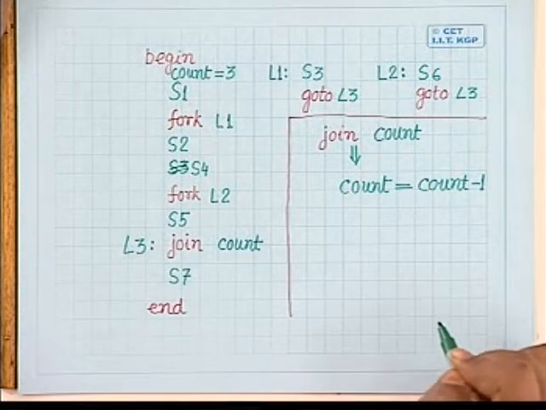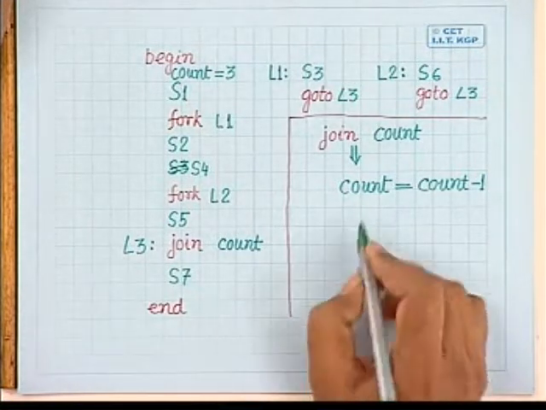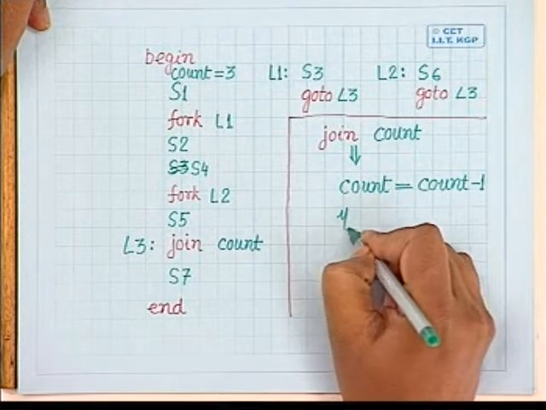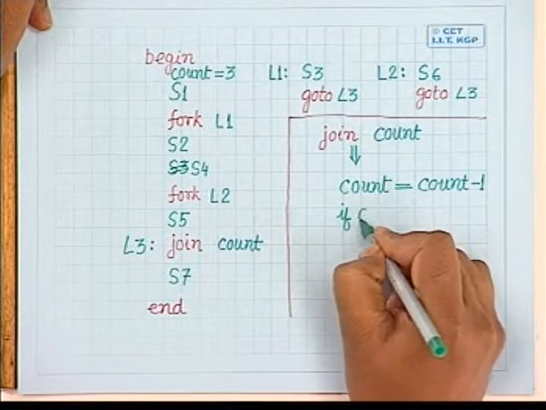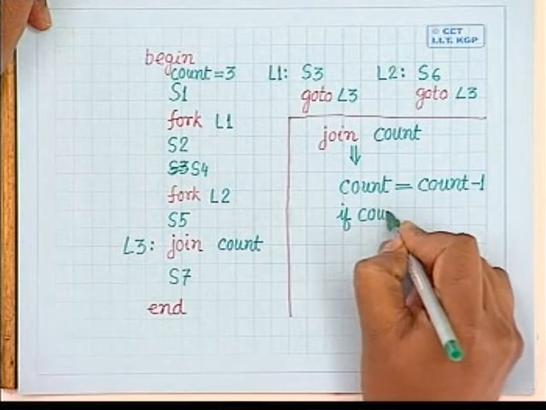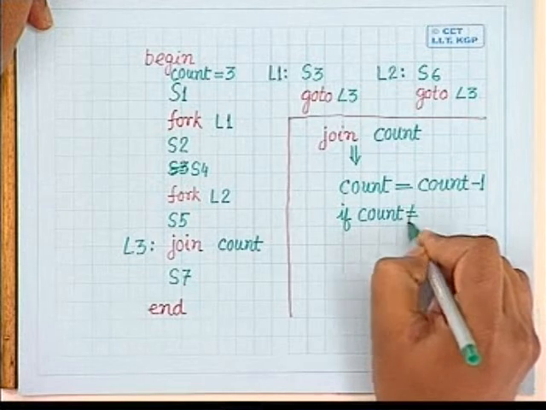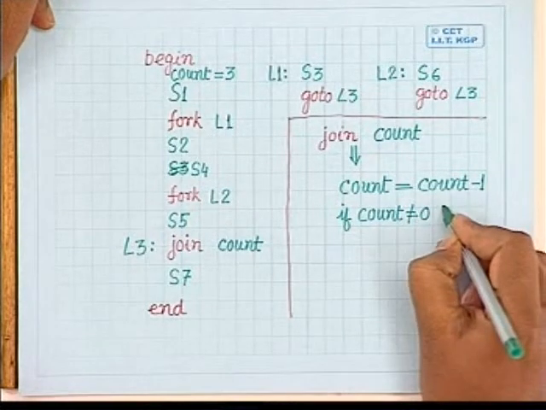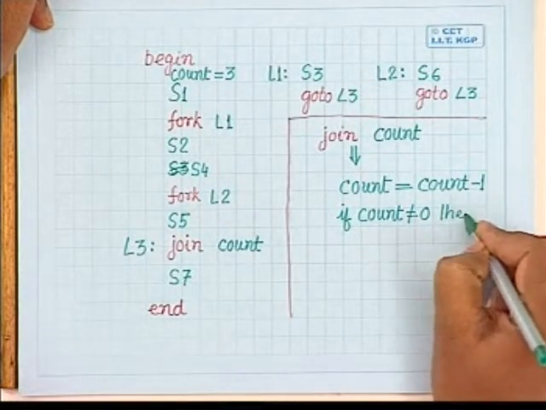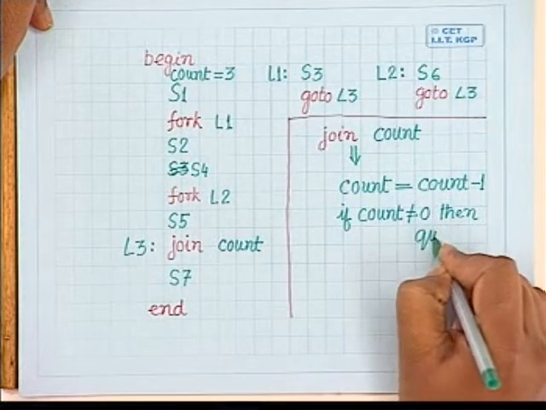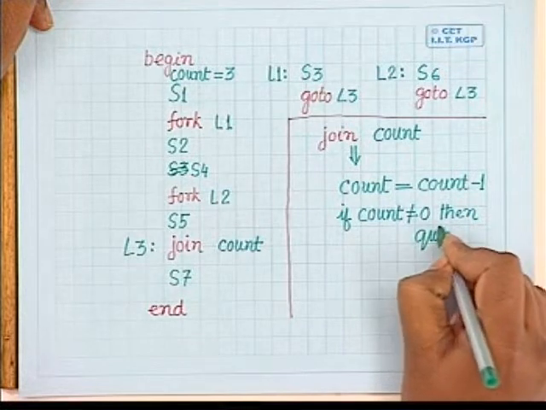After decrementing the count, if the process finds that count is not equal to 0, then quit or terminate.